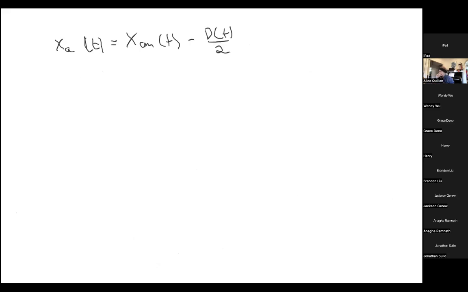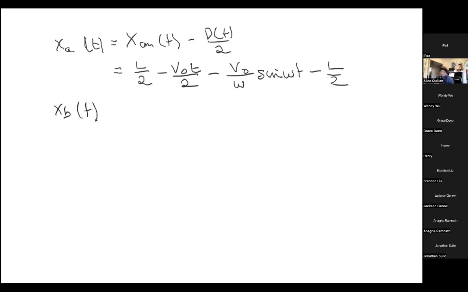Now I'm just going to plug in what we got for both of those. Minus V0 over omega sine omega t, minus L over 2. Of course, these L over 2 terms cancel, but if you want to simplify it, you can. And here's the position for the other mass.